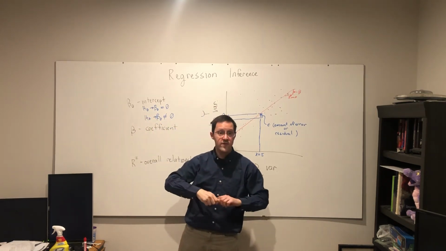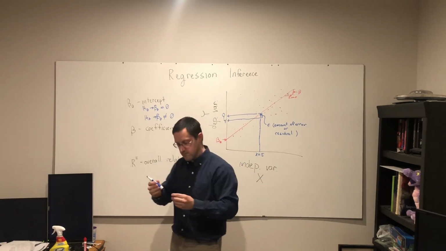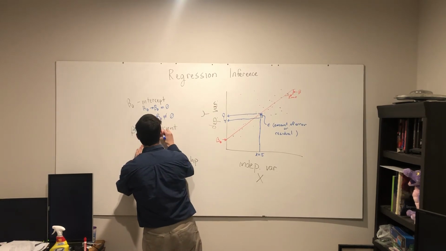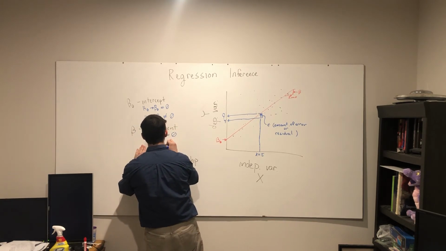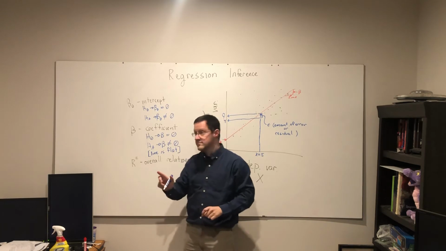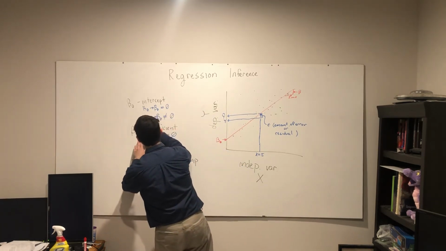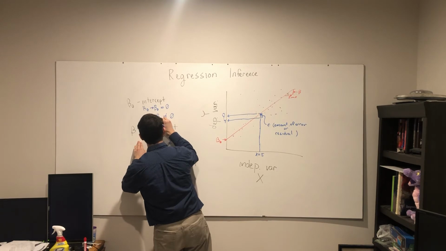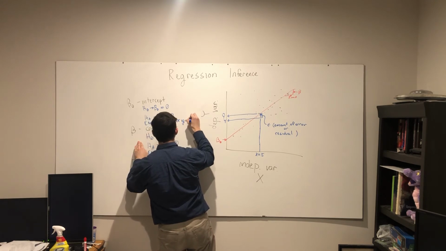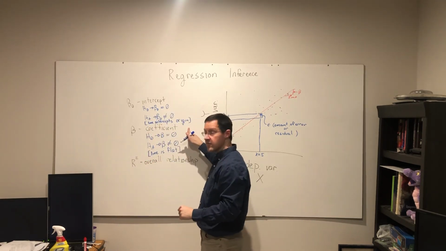That's the inference as applied to the intercept. Now inference applied to the coefficient. It's actually quite similar. Geometrically, as I said, that's where the line intercepts the origin.